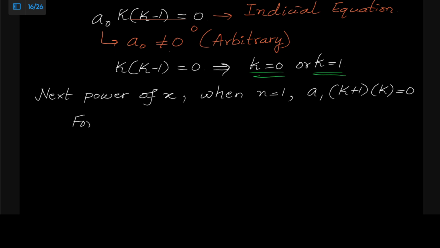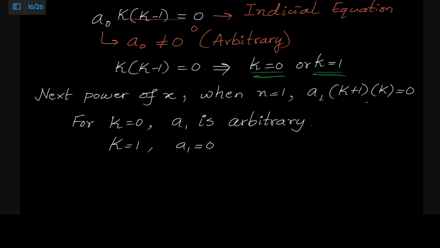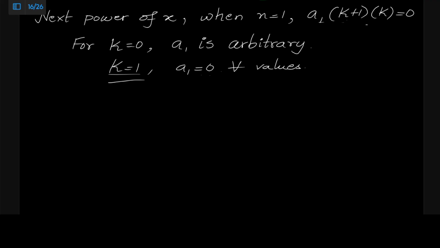So for k is equal to 0, put the value of k as 0. You'll get what? a1 will be an arbitrary value, right? Now for k is equal to 1, a1 will become 0. So to get the coefficients, I need to check for all those.